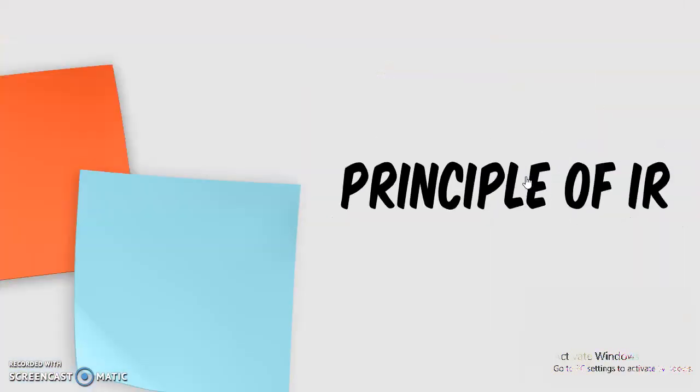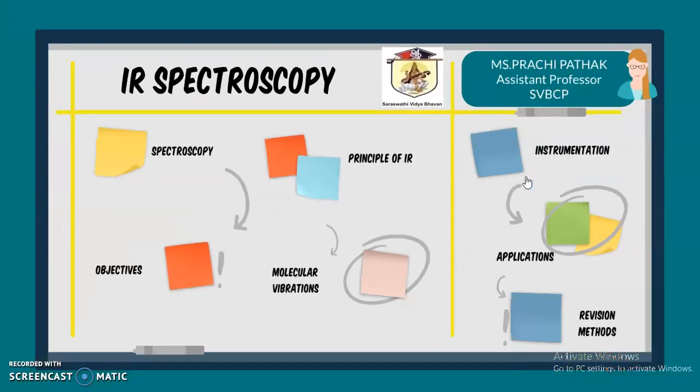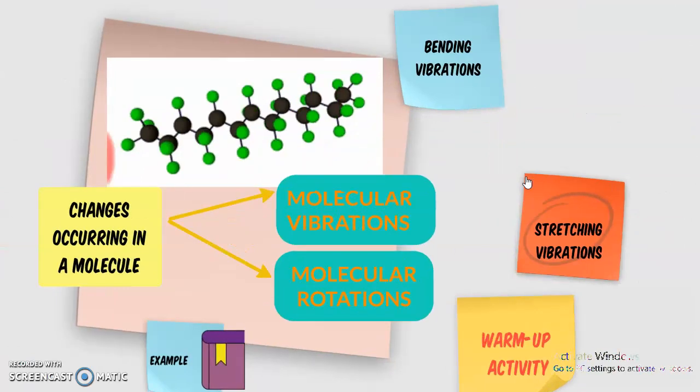Okay. So once done with the principle of IR, we have to know what happens exactly to the molecule when it absorbs energy. The IR rays are absorbed by the sample, I said. So there are a few changes that occur in my sample when it takes up the IR radiation. What are those? These are the two changes: molecular vibrations and molecular rotations.